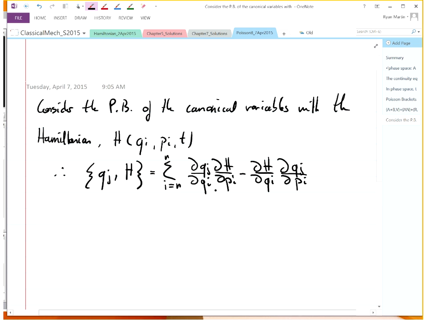So ∂x/∂x is 1. But ∂x/∂y is 0. So we just determined a notation for doing that, right? So that's the same as the sum from i equals 1 to n. And instead of ∂qj/∂qi, since that's always 0 unless j is equal to i, I can write that as the Kronecker delta times ∂H/∂pi.